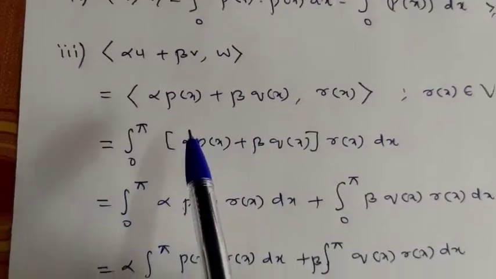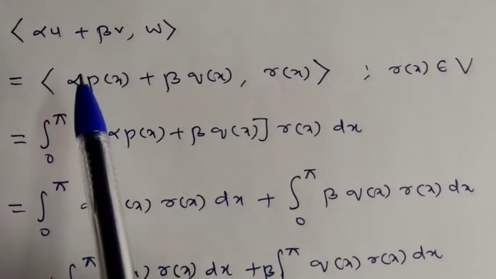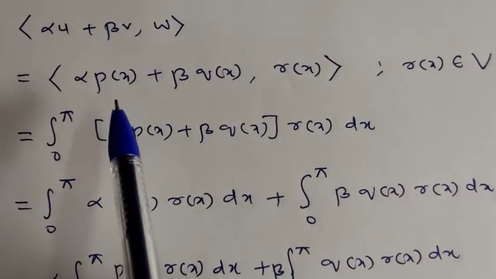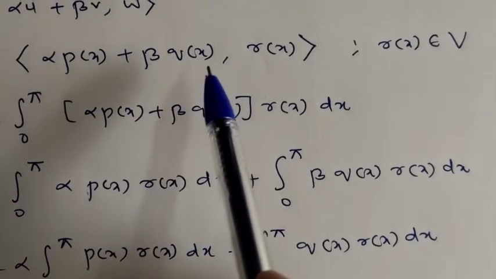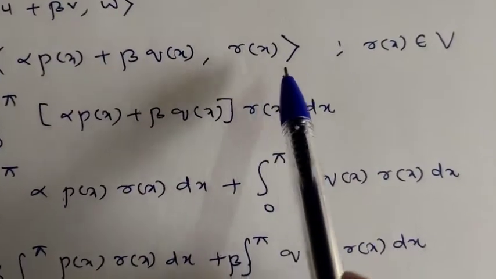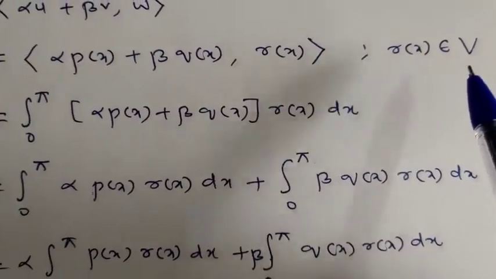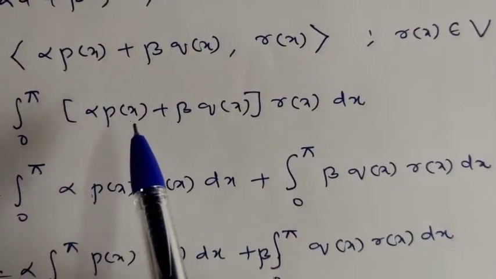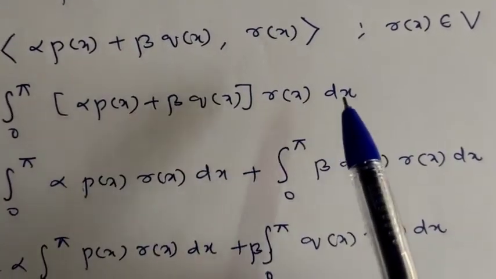Third one: inner product of alpha u plus beta v comma w. Let u be p of x and v be q of x, so alpha u plus beta v is alpha p of x plus beta q of x. I will take w as r of x, where r of x belongs to V. Then by the definition of inner product, integral from 0 to pi of (alpha p of x plus beta q of x) into r of x dx.